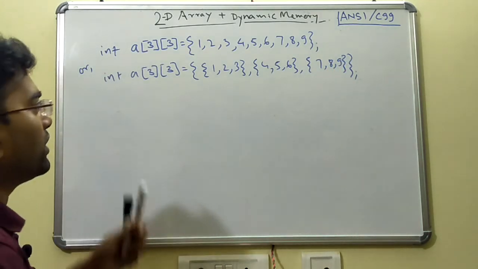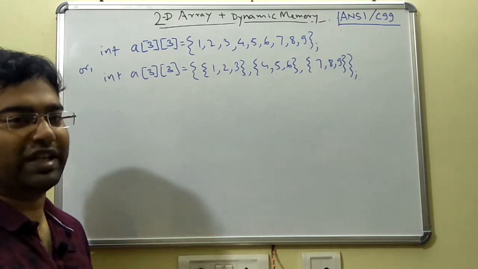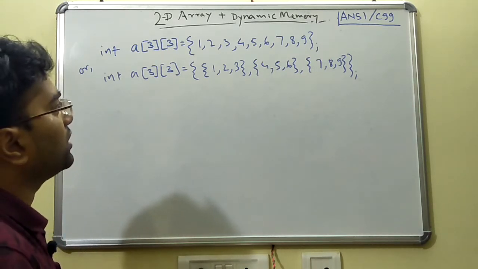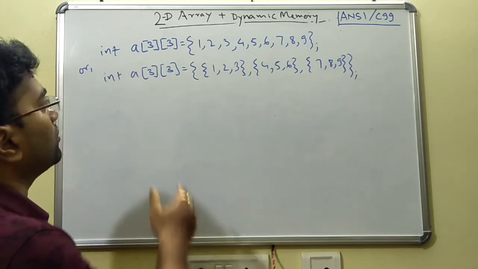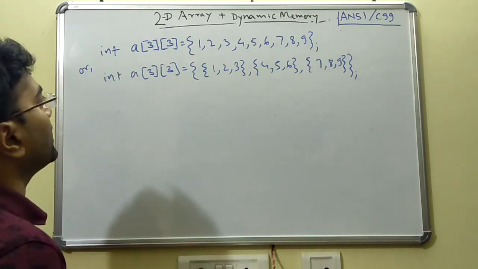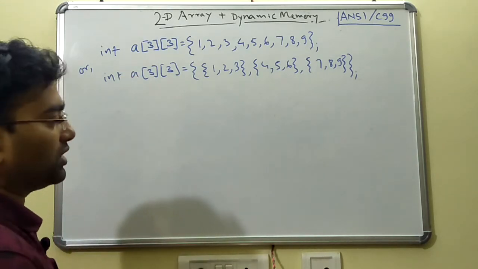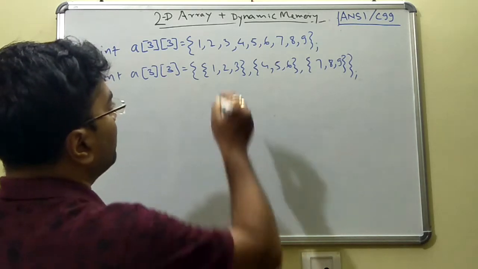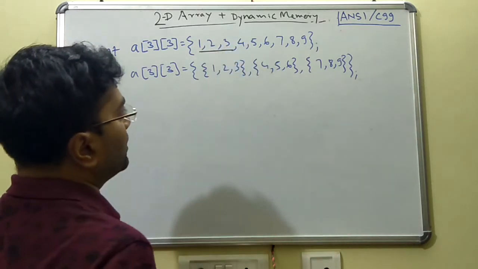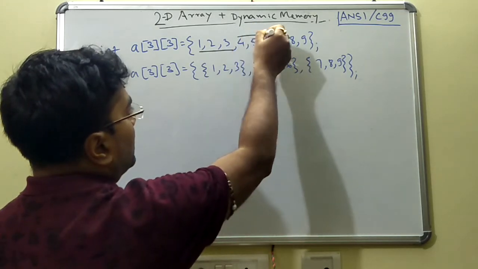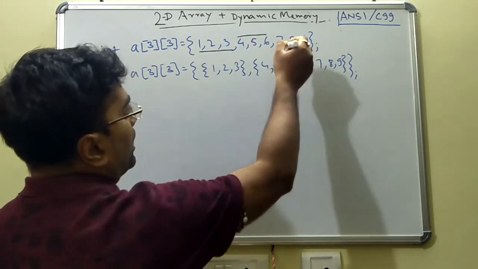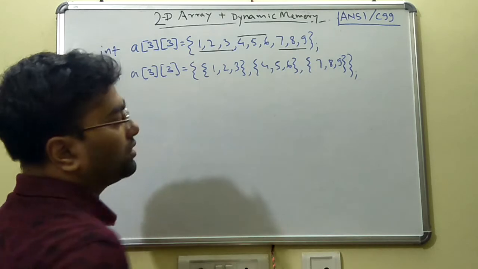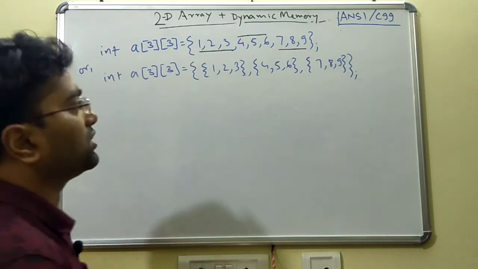So you can see there are two ways to declare as well as initialize an integer array. Take the first one, int a[3][3], that means 3 rows and 3 columns. The compiler will take the first 3 elements as the first row, the second 3 elements as the second row, and the last 3 elements as the third row.